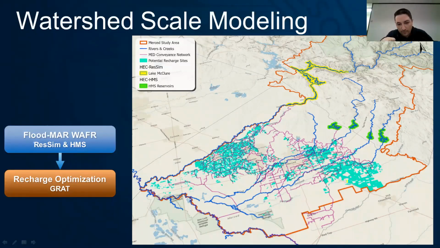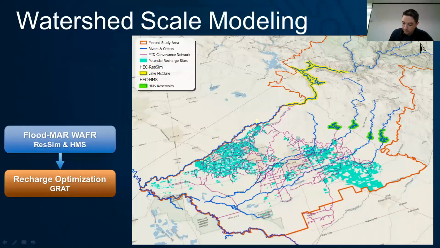That FloodMAR water works its way through the GRAT model. It distributes the water for recharge as best it can. If there's any water that's unused due to bottlenecks, or we've just recharged too much, that water would then go back to our other models as flow that would continue downstream.